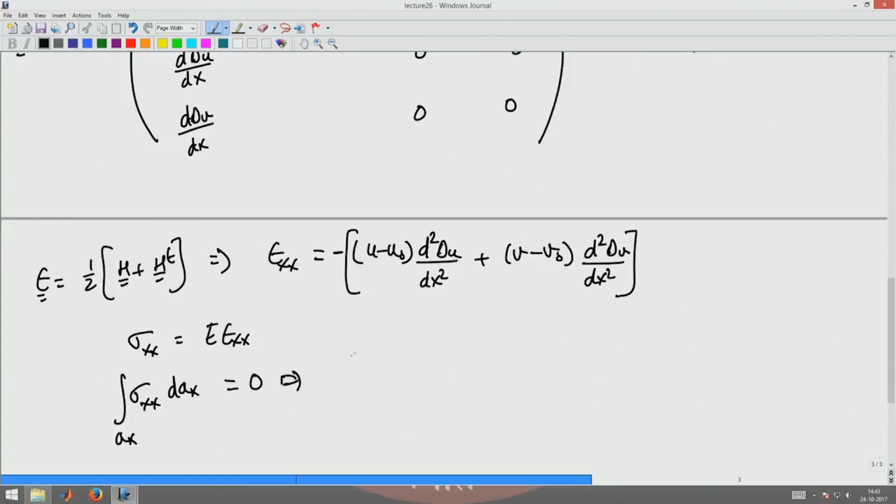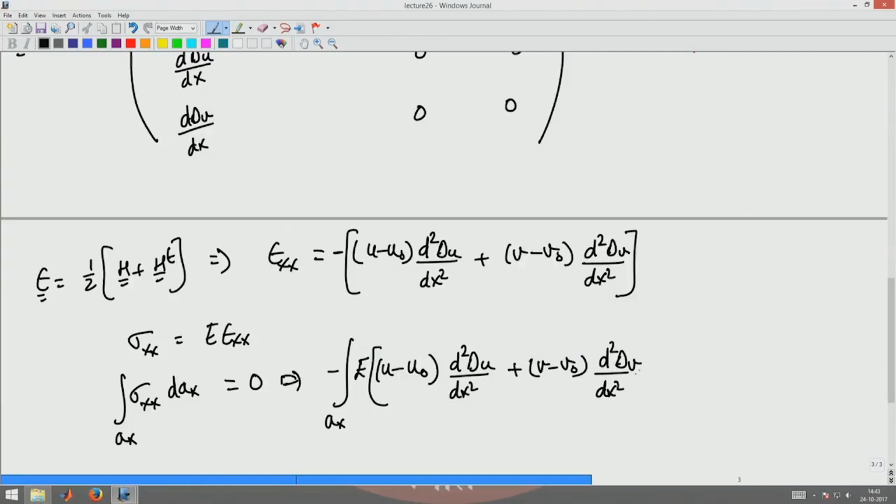This will imply that integral E times u minus u naught d square delta u by dx square plus v minus v naught d square delta v by dx square dAx has to be equal to 0.